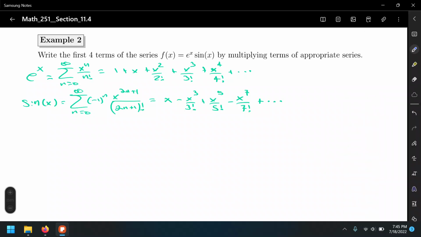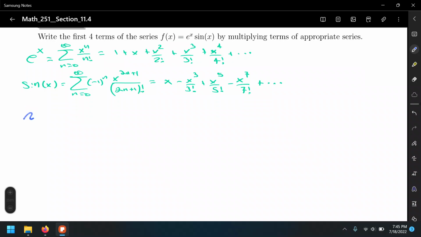So when we multiply e to the x times sine of x, well, this will be the following. Let me rewrite this series again. So I'm going to write 1 plus x plus x squared over 2 factorial plus x cubed over 3 factorial plus x to the fourth over 4 factorial plus x to the fifth, I'm going to write one more, plus dot dot dot.